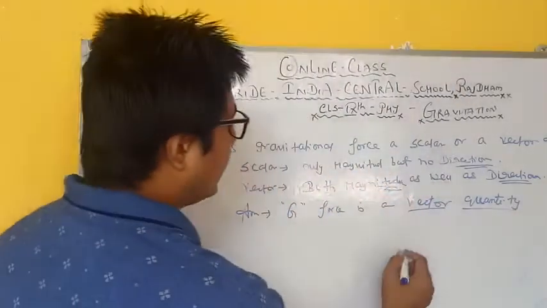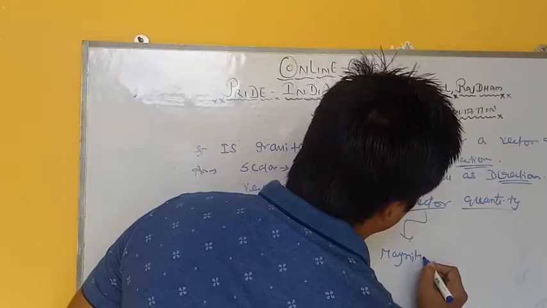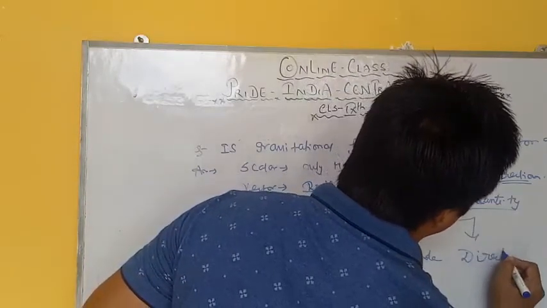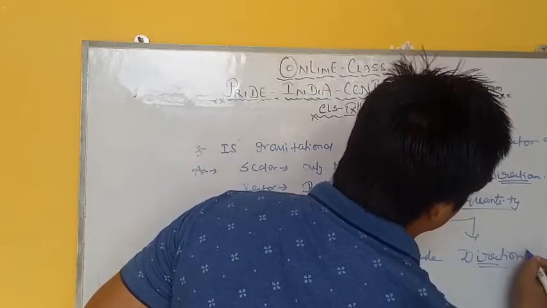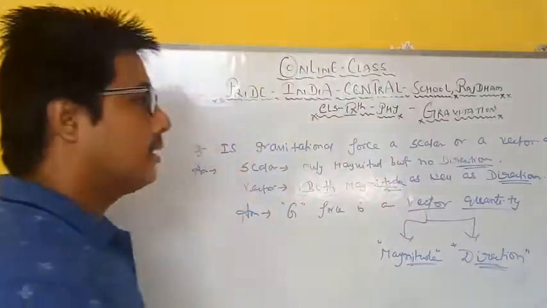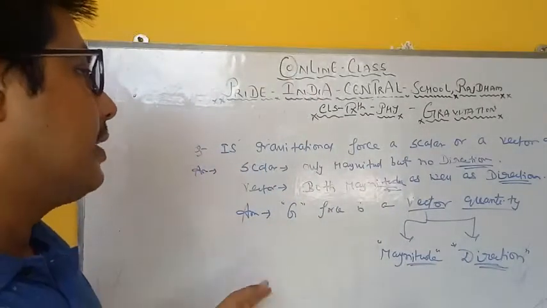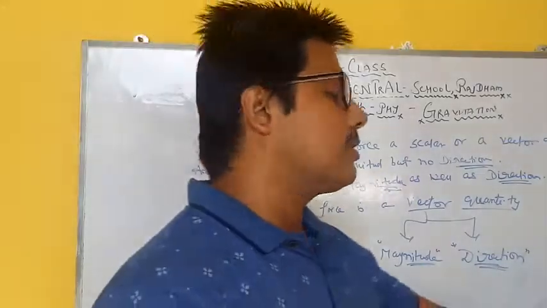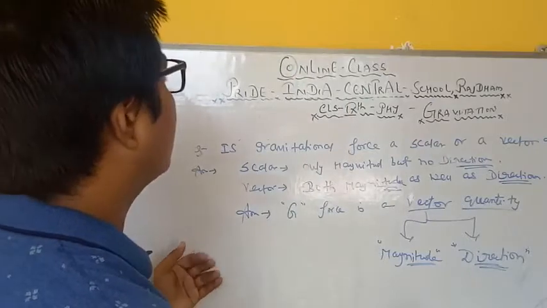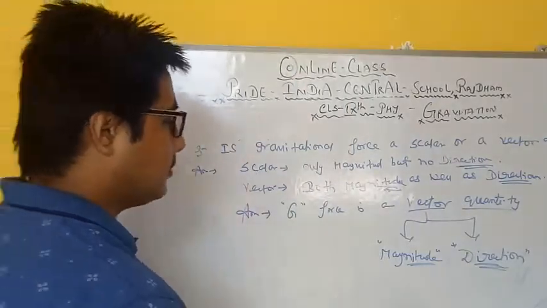It means that it has both magnitude as well as direction. के पास दोनों ही होता है. So I think this might be very much clear to you. It's simple. There's nothing great, no rocket science in this. Okay, so next we'll move on. Next question.